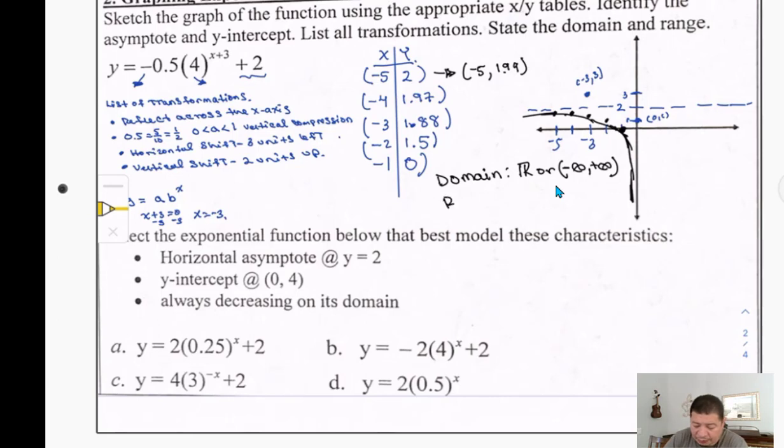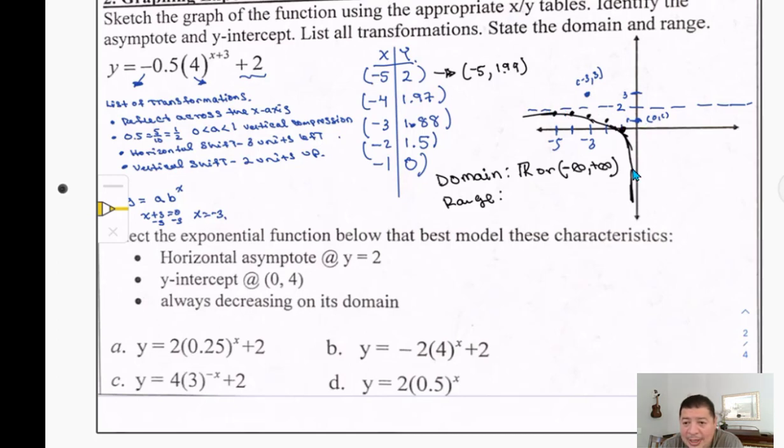When it comes to the range, unfortunately, the range does not go from -infinity to +infinity. If you notice, there's an asymptote over here, and the asymptote does not allow the graph to go through this point.